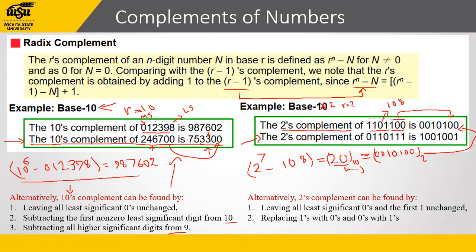We take it to our solution, replacing 1s with 0s and 0s with 1s. So we have 4 other digits remaining. We change 1s to 0s and 0s to 1s. And this is the alternative way of doing it.